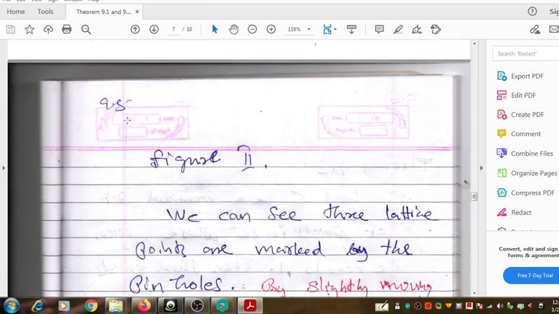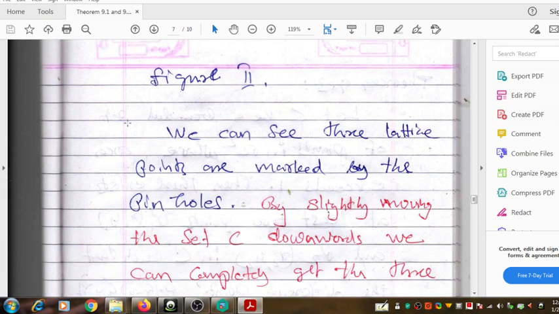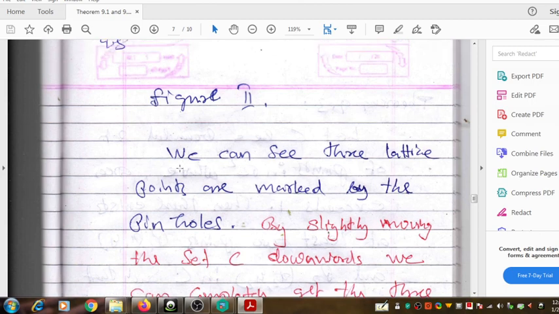Here we have selected the points in such a way that we easily get the lattice points which are at the corner of the subsets.